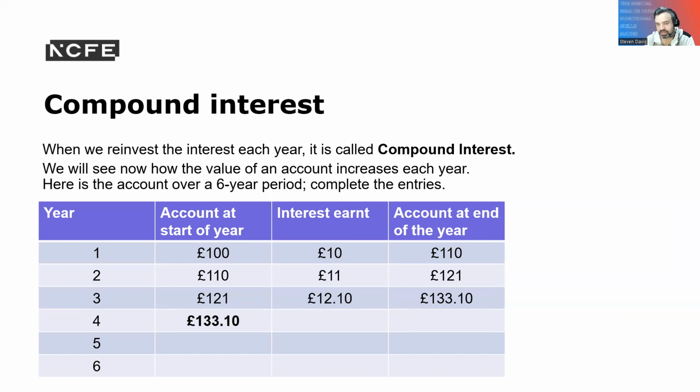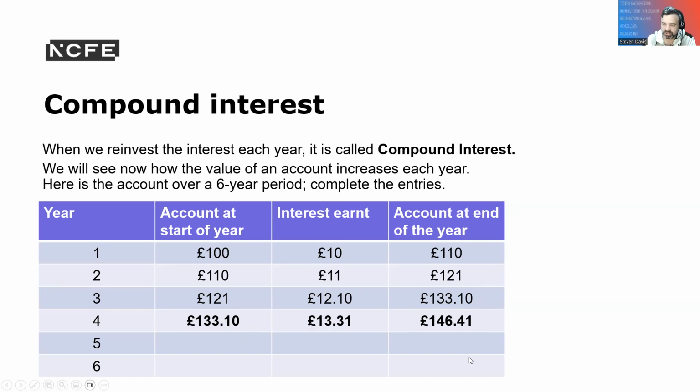So we work out the interest on that, which works out about £13.31 because it's 10%. So 31 there. So 13.31, and we add that on equals 146.